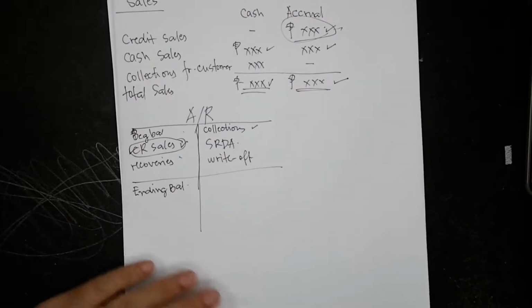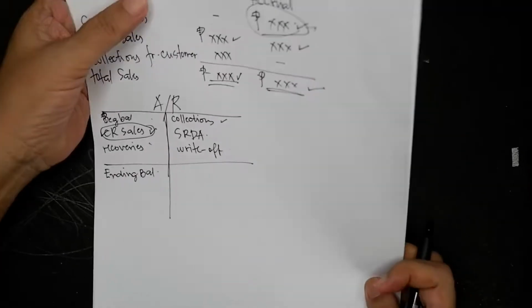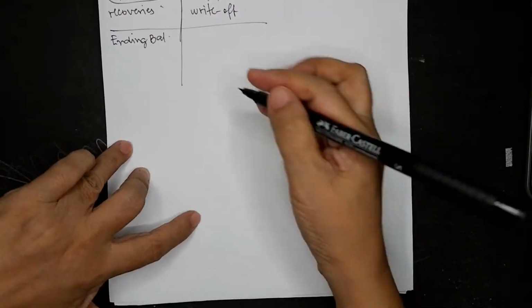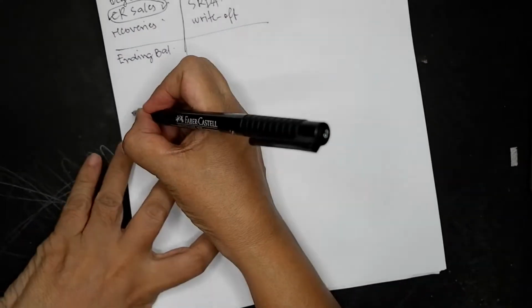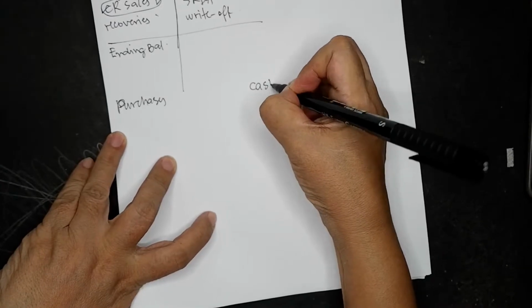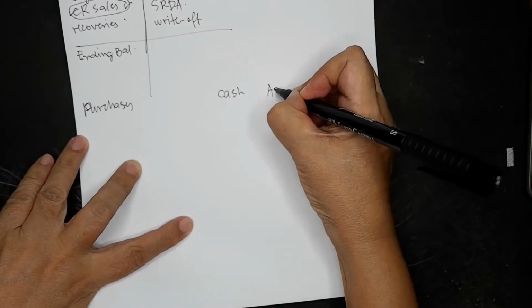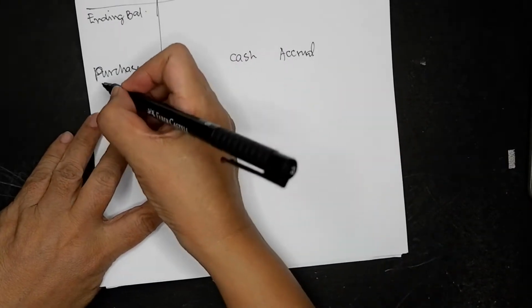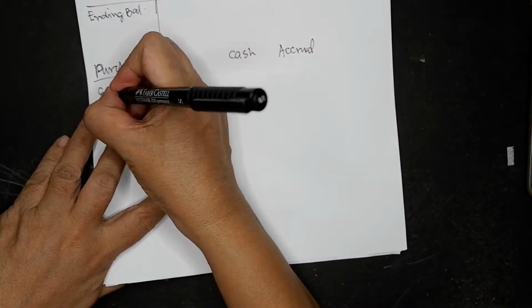Okay. Next is purchases. Para sa purchases, so, for purchases, we have cash and accrual. Okay. So, for purchases, again, we have cash purchases.